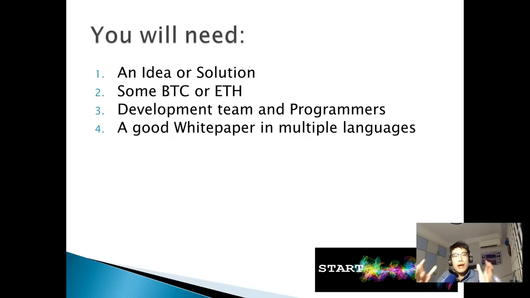You gotta seek help from them and write an awesome white paper. Why? The longer the white paper, the more time a person has to spend reading it, the more they will not want to do it. That gives you a good reason why you want to write a good white paper. This is very, very important, because people will read a white paper to read up on an ICO.